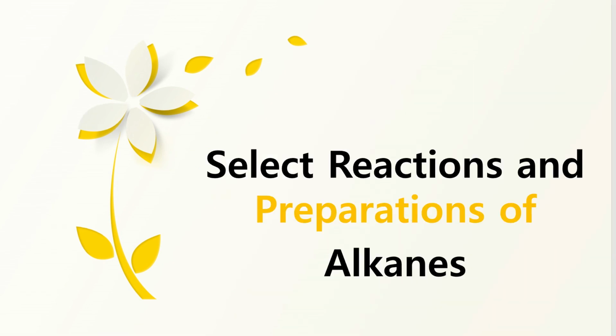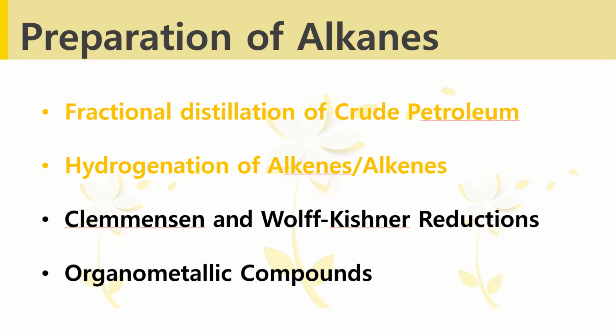All right, so the final portion of the lecture here, we're going to be looking at select reactions and preparations of alkanes. So you might be familiar with these methods of preparation of alkanes. That is fractional distillation of crude petroleum, or hydrogenation of alkenes.